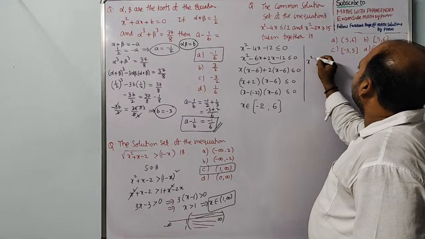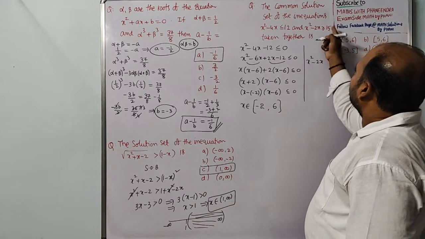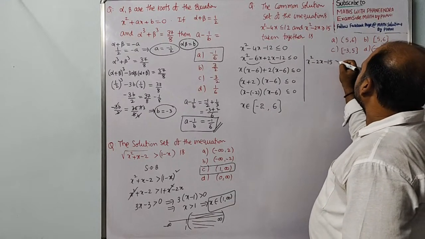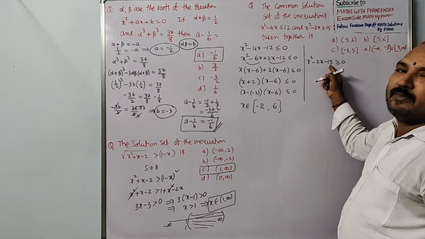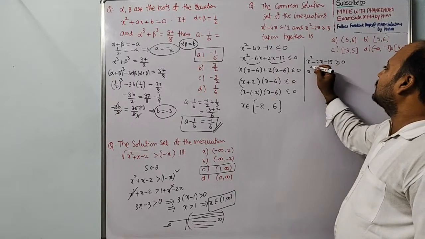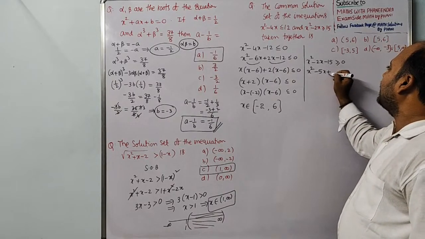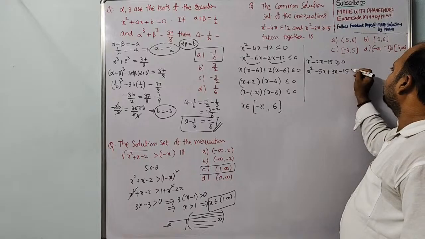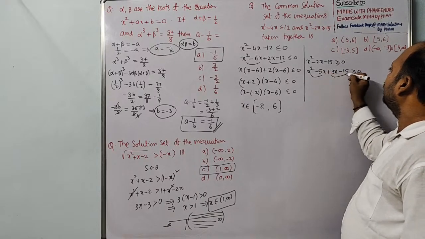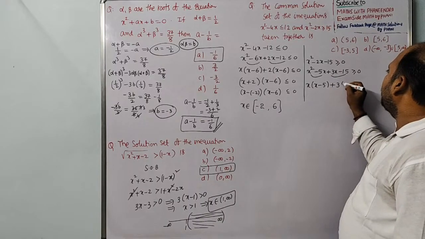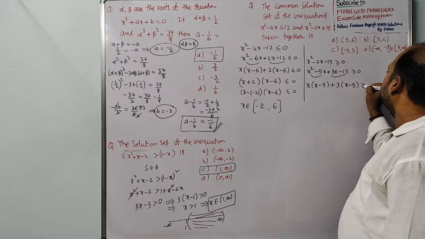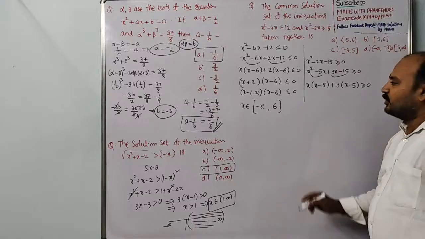In the inequation, x square minus 2x is greater than or equal to 15, means minus 15 bring this side and greater than or equal to 0. So minus 15 means 5 into 3. So x square minus 5x plus 3x minus 15 is greater than or equal to 0. X into x minus 5 plus 3 into x minus 5 is greater than or equal to 0.